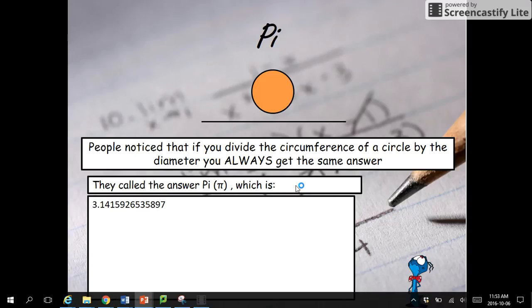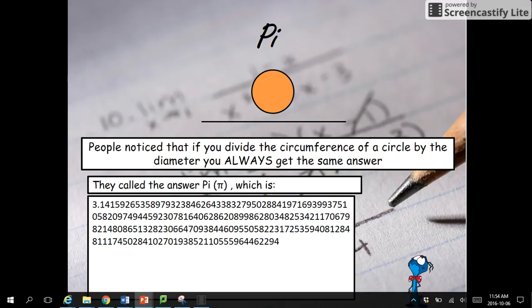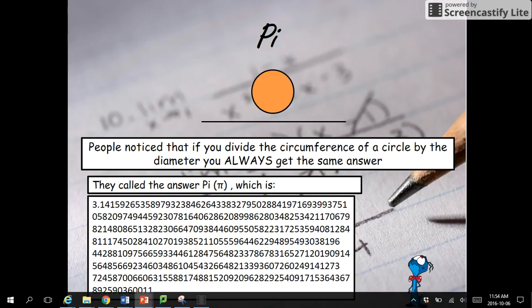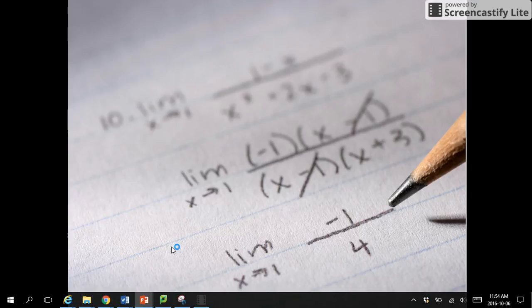Pi is actually 3.14, and it goes on and on and on. That's why we use the calculator, but most of the time people say 3.14. So you can use that pi button on your calculator.